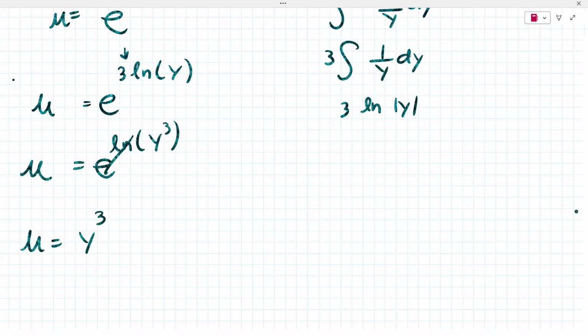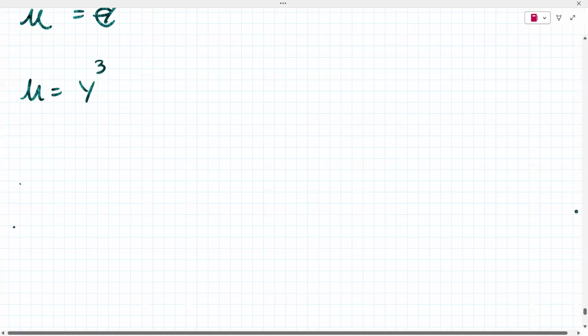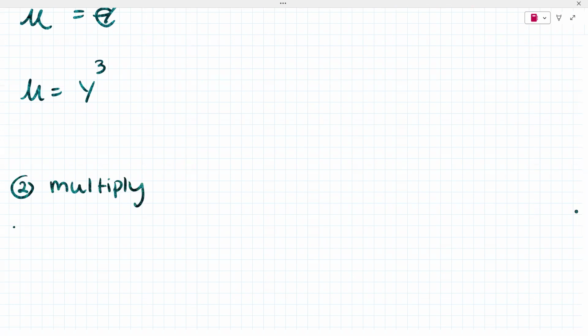Okay. Then step 2, you're going to multiply everything by mu, or multiply everything by y cubed.